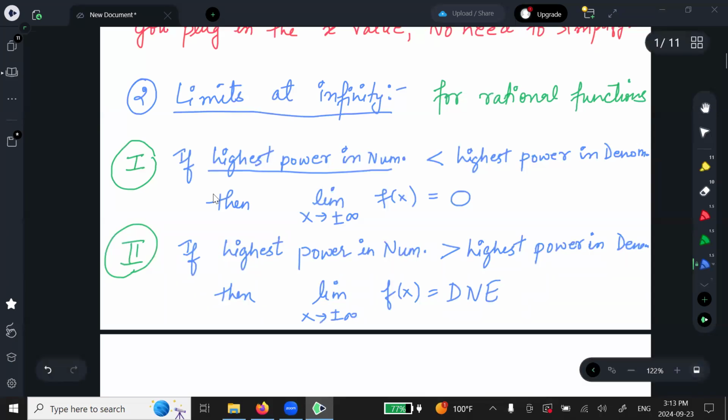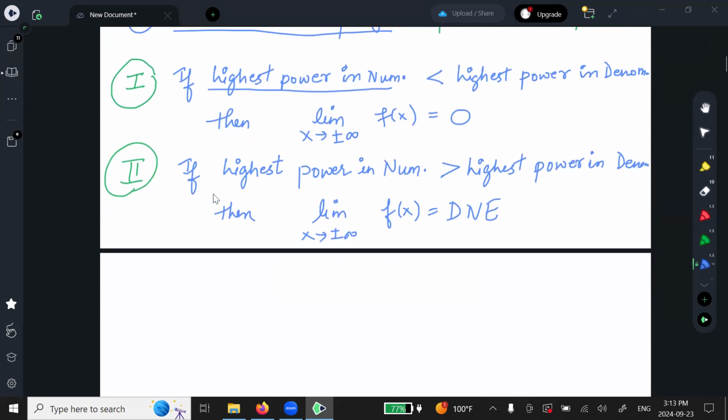Good. The third part is when they are equal. What happens then?